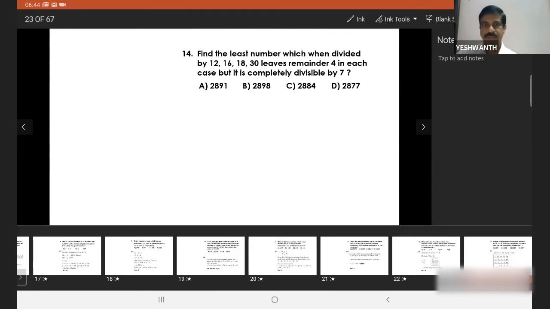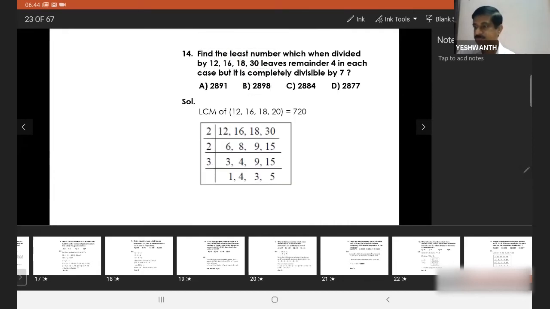So first let us take the differences of 12 with 4, 16 with 4, 18 with 4, and 30 with 4. But before that, the LCM of 12, 16, 18, and 30 is 720. So this is the LCM pattern that we took.